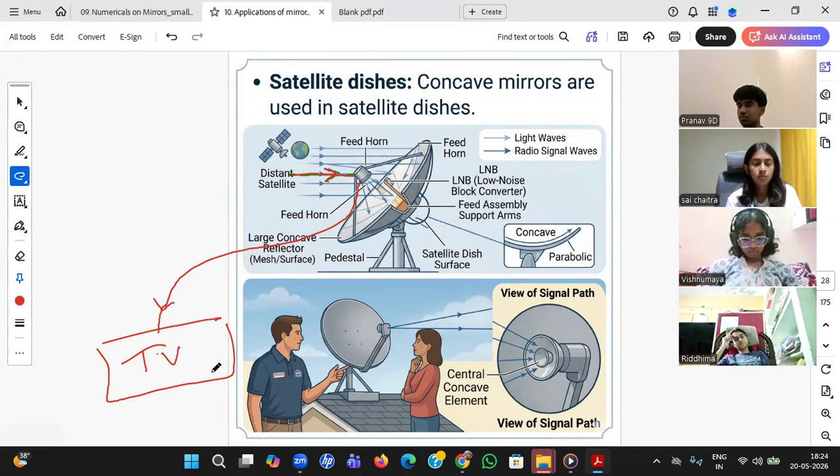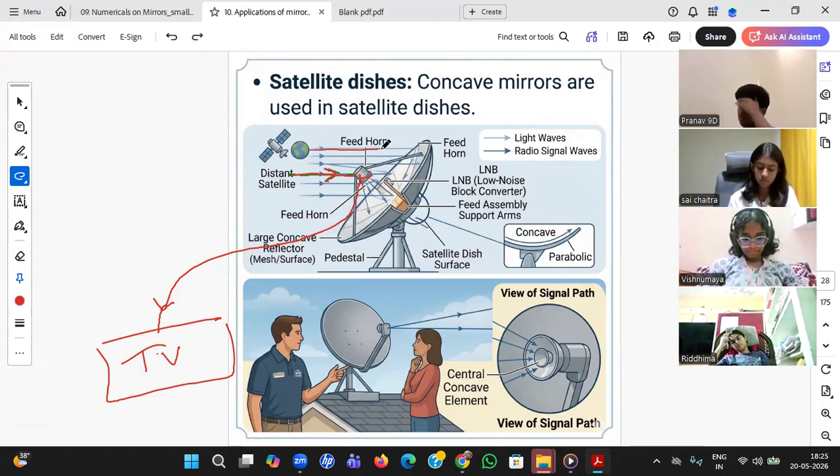Now, sir, how will you get a good clarity image? Obviously, more signals should be received on this particular receptor. How can I increase this receiver size? No, it will be very costly and it may not serve the purpose. So what we will do, we will ensure this is kept at the focus point of this big concave reflector. Now what will happen?